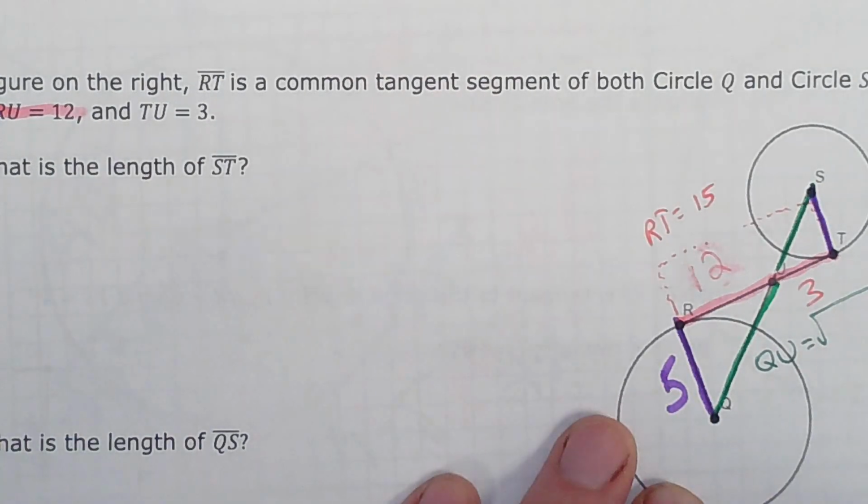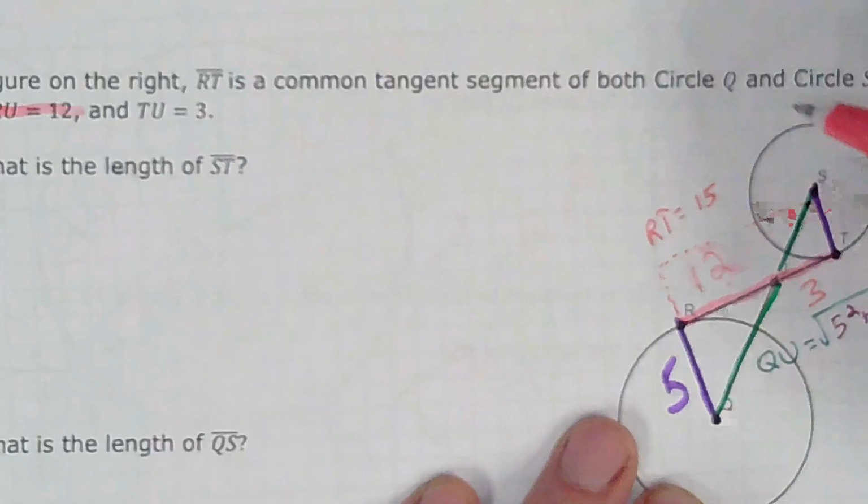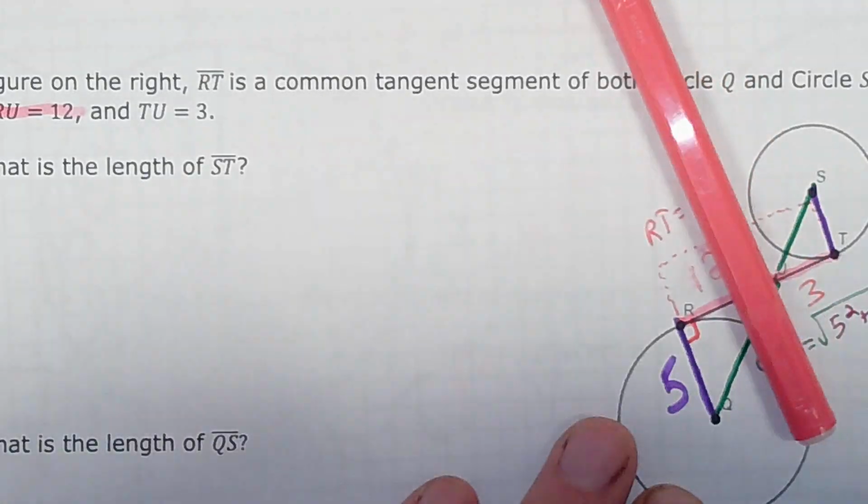This QU is going to be equal to 5 squared plus, it should have been green, but who cares, plus 12 squared, or 2 legs for this triangle, because this is a right angle. Remember that tangents meet the radius at a right angle. So this is the hypotenuse right here.